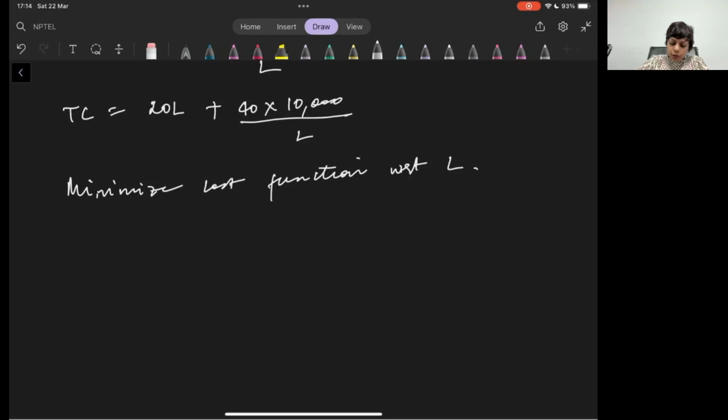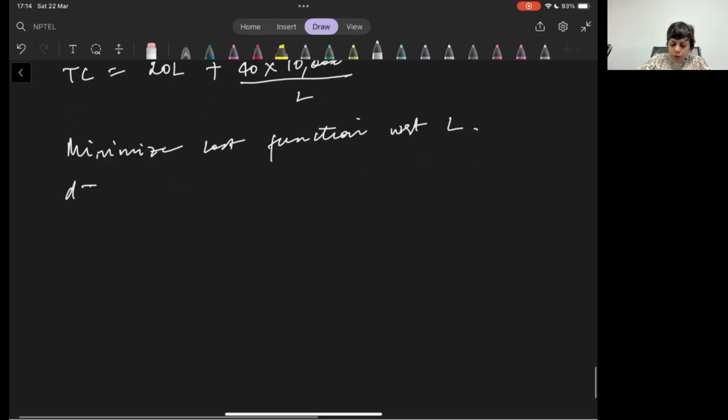Okay, so first order derivative, let's take dTC by dL.